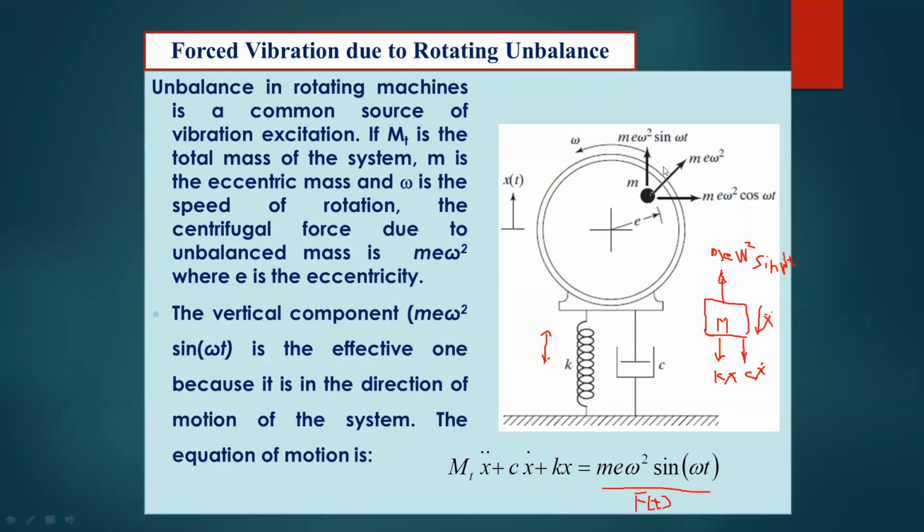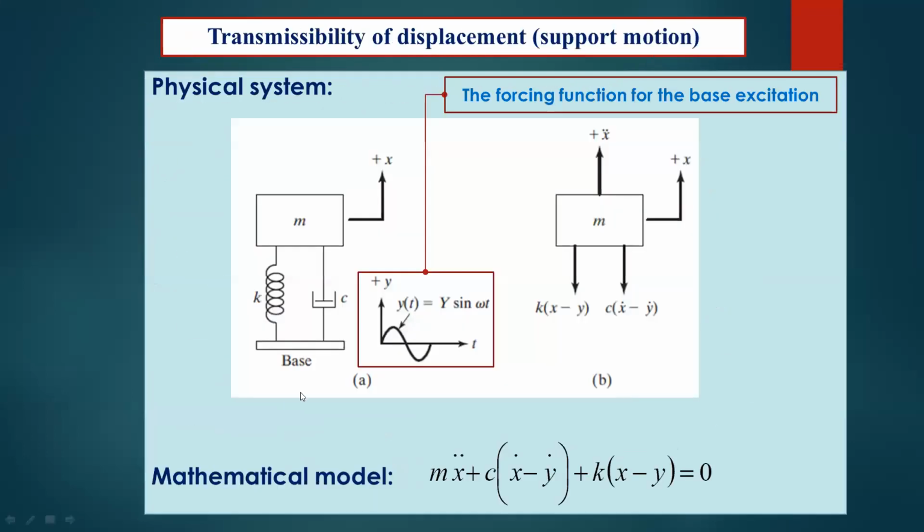This is machine vibration. In this case, the transmissibility is from machine to base. But in another case, the base is a kind of vibrating base. Base is vibrating, that means a kind of sinusoidal vibration of the base is there.